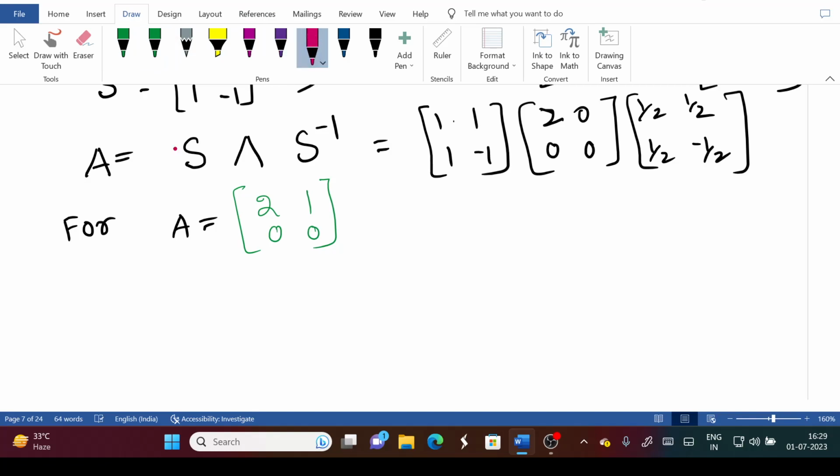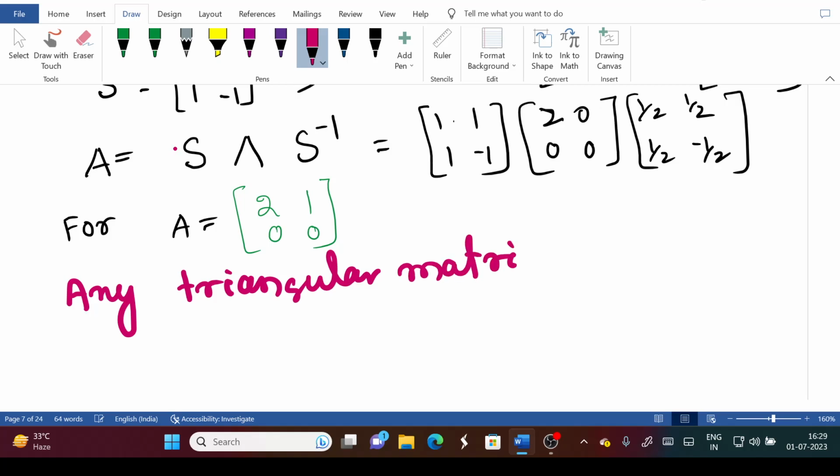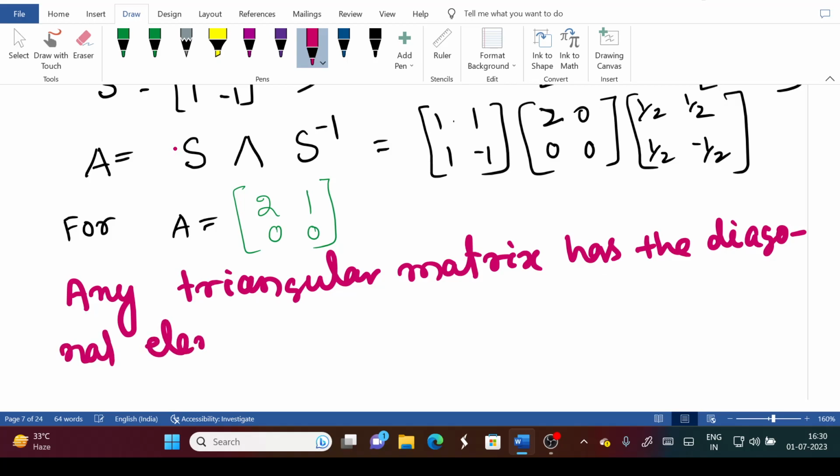We know any triangular matrix has the diagonal elements as its eigenvalues.